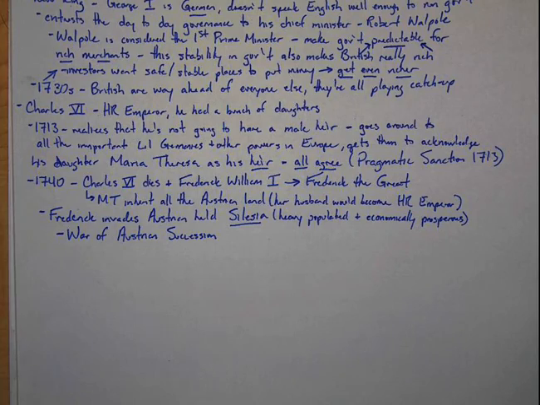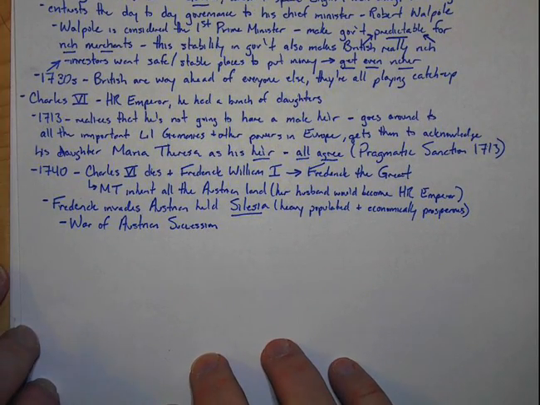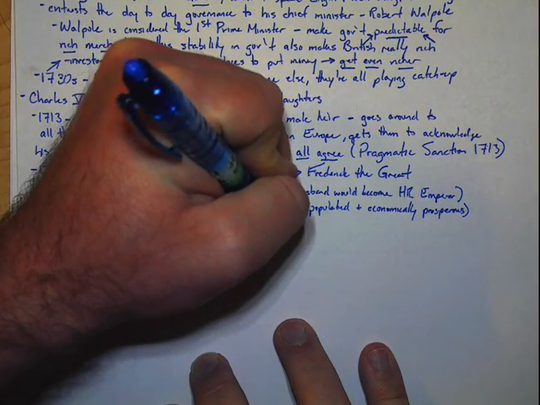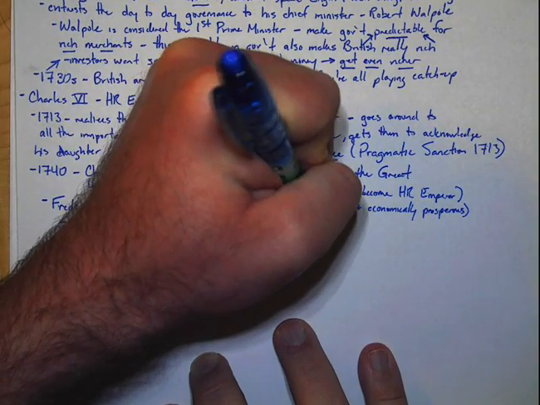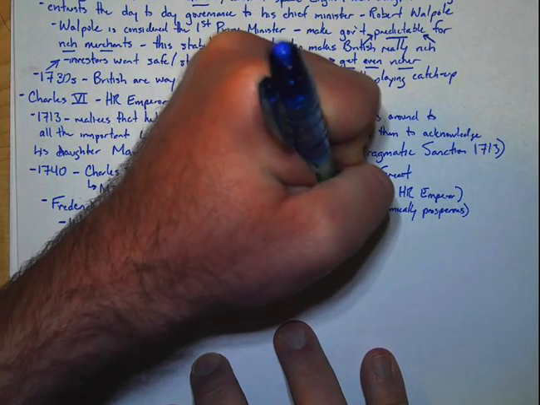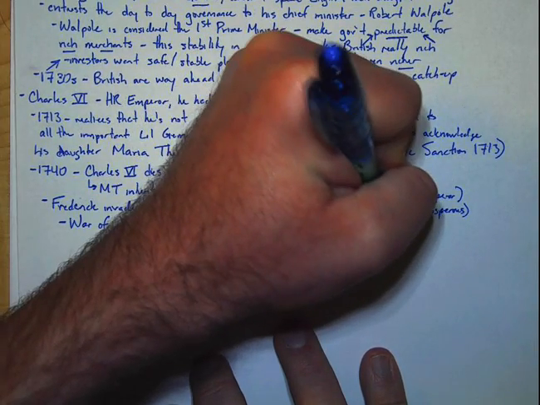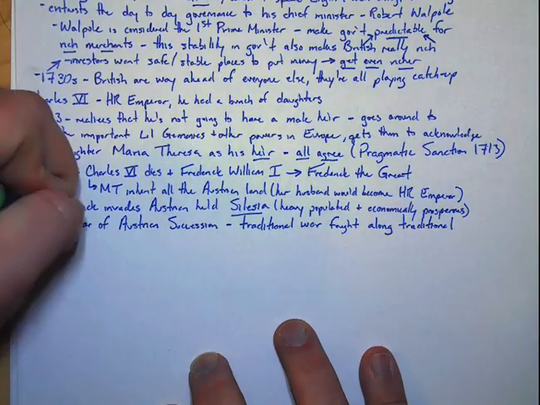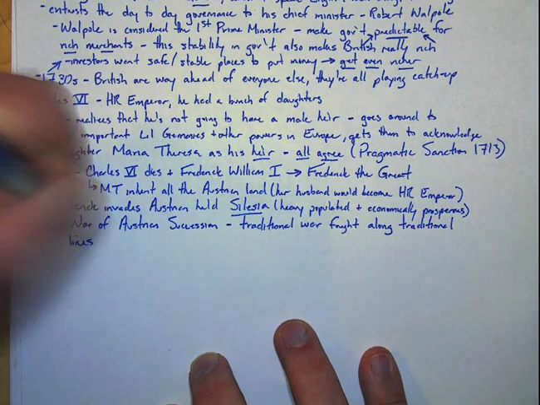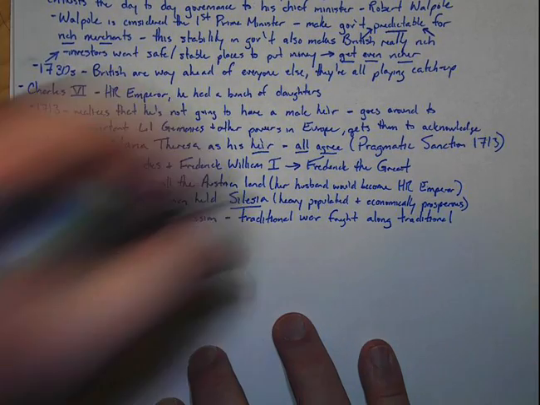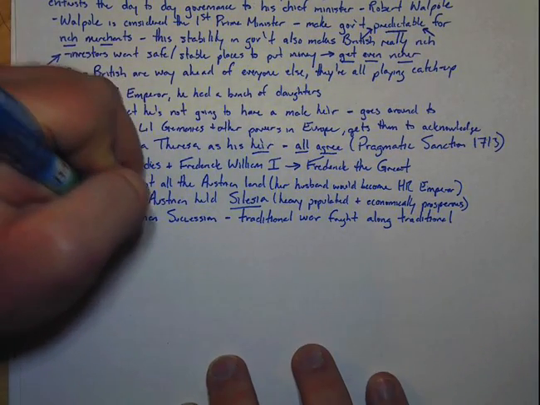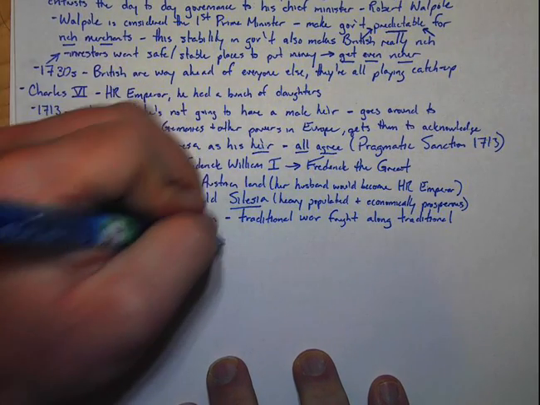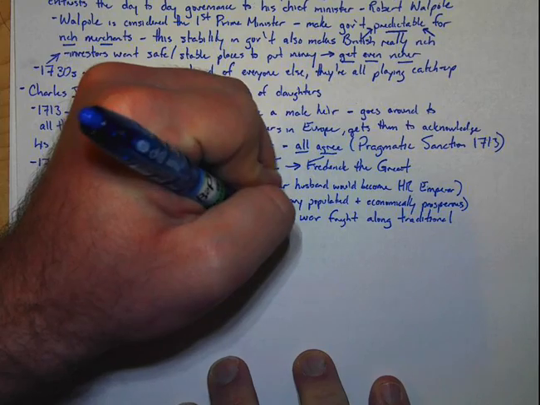And what we get is a pretty traditional war fought along traditional lines. So we've got the Austrian side, and we've got the Prussian side.